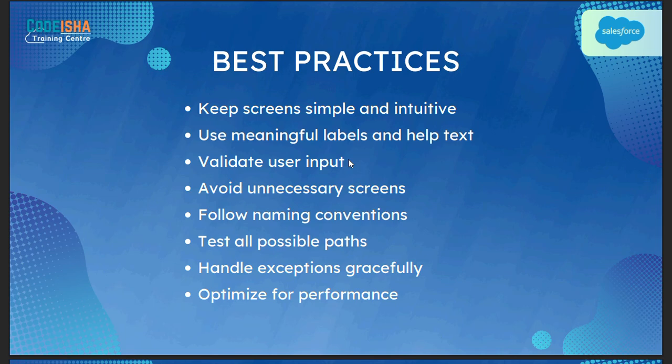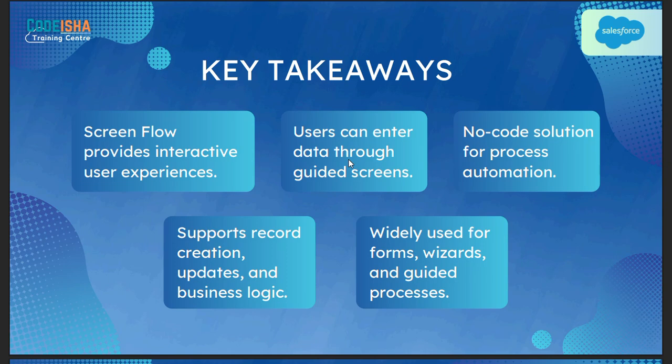Validate user input. When the user inputs any fields or requirements, let's try to add validation. Avoid unnecessary screens. Follow naming conventions, test all possible paths, handle exceptions gracefully, and optimize for performance. So here are the best practices for screen flow.